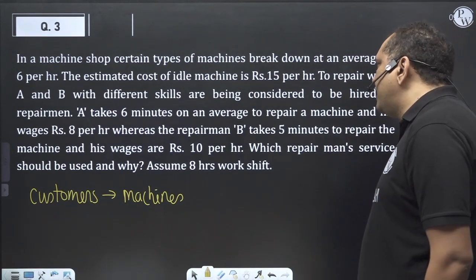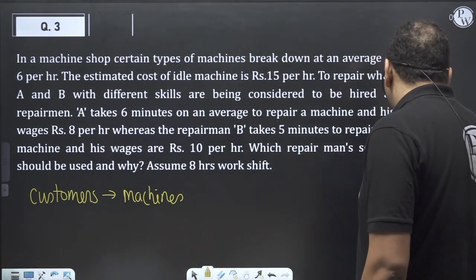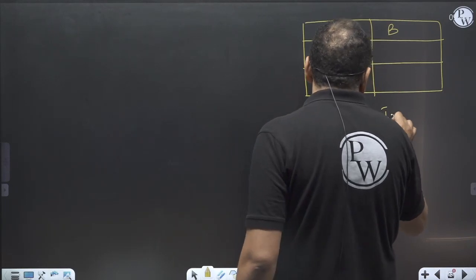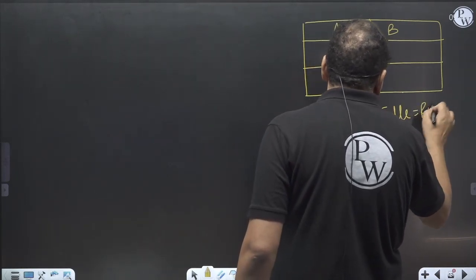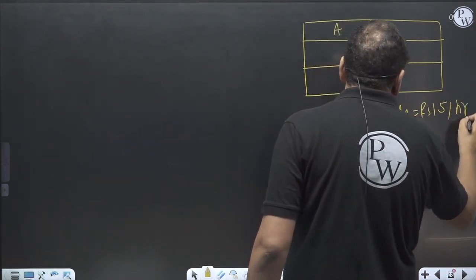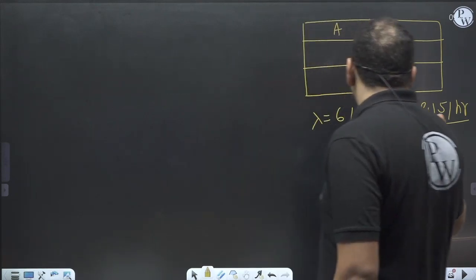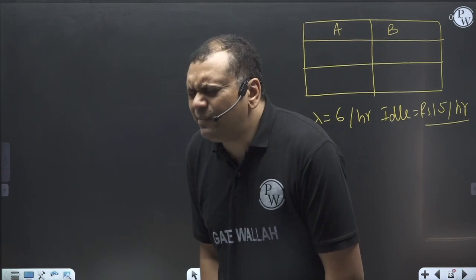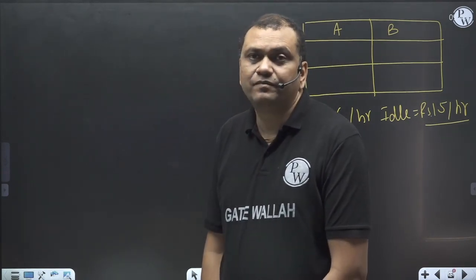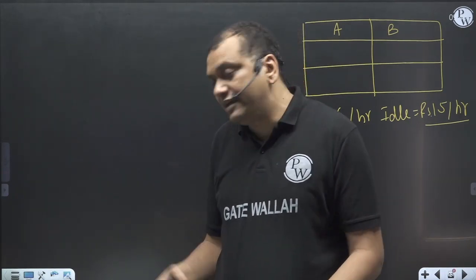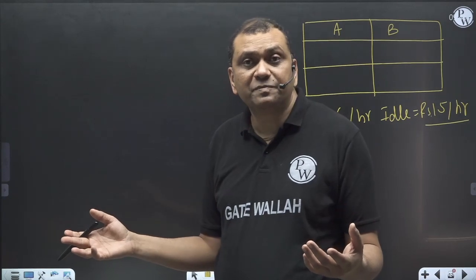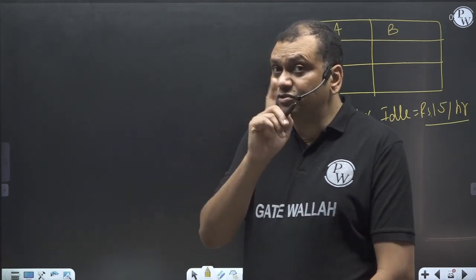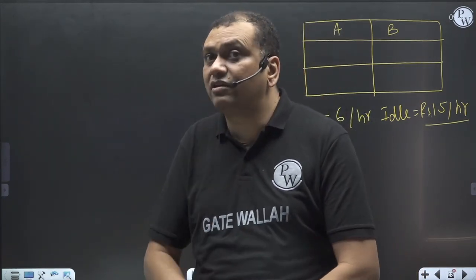The estimated cost of an idle machine is rupees 15 per hour, because when the machine is down, there is no production on that machine. I request all of you to understand this question very thoroughly.